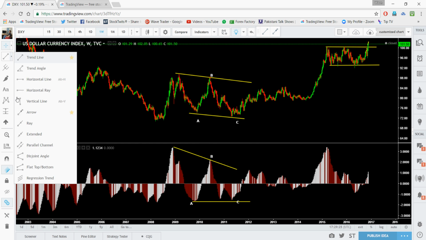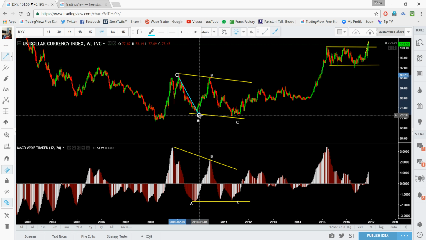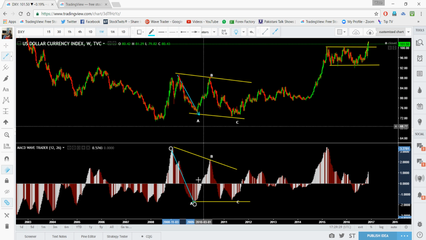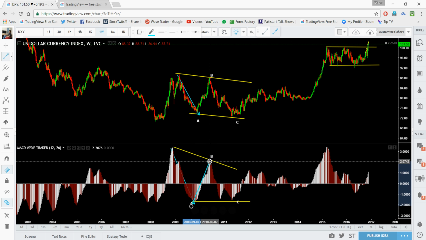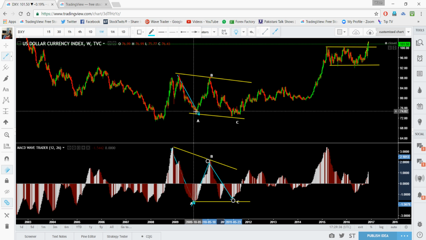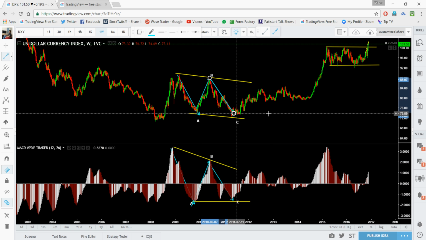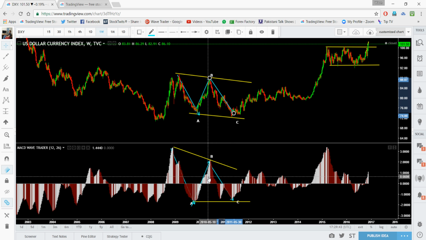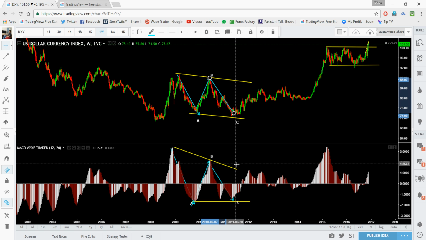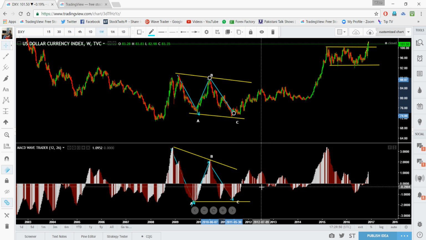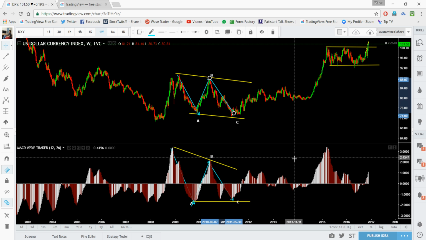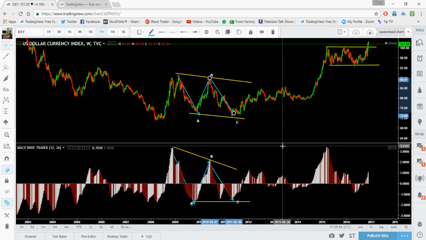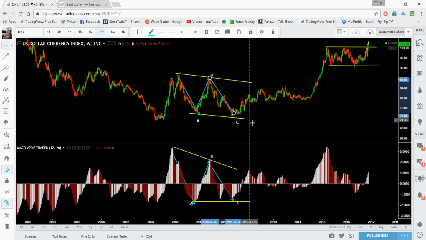Here is the A wave and here is the B wave, and your MACD is showing divergence, and here is the C wave. So you call this that your wave pattern has just completed here. Basically you are predicting with MACD, and when MACD is going to start the reversal, you have no idea. What you do is just look at the trend line.